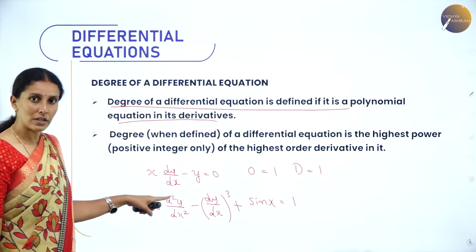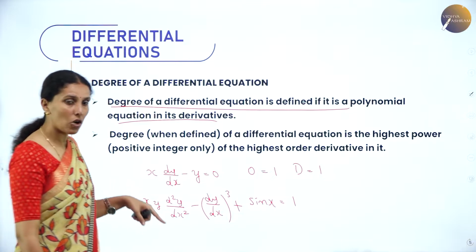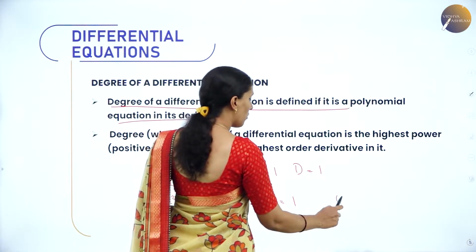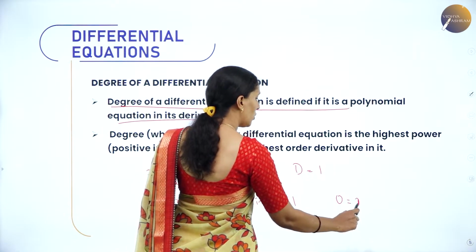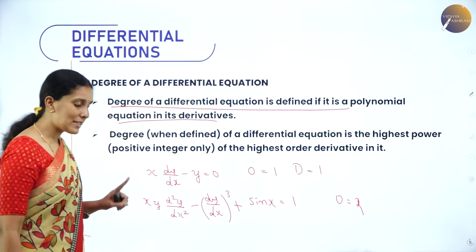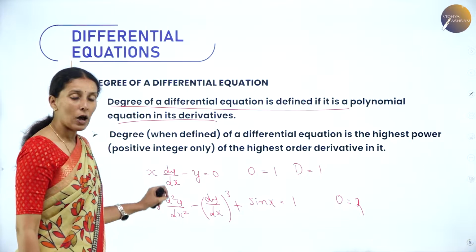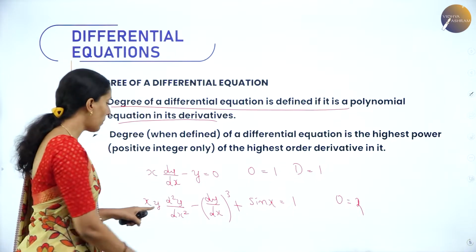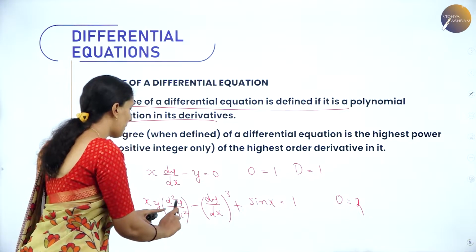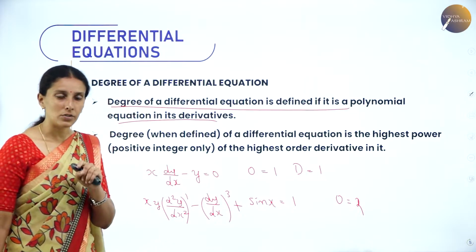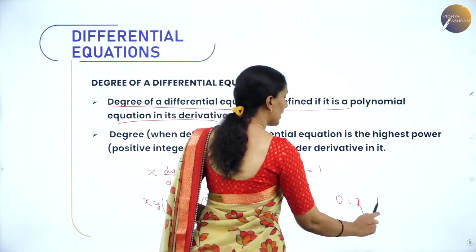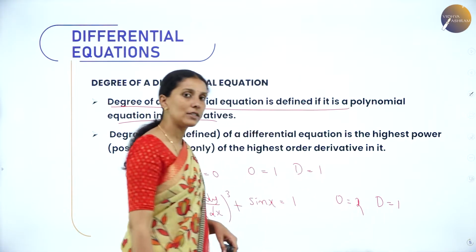Order is 2, because d²y/dx² is the second order derivative. Hence the order of this differential equation is 2. And what is degree? It is the power of the highest order, how many times it is repeated. What is the power of this highest order? It is 1. Therefore here the degree of the differential equation is 1.